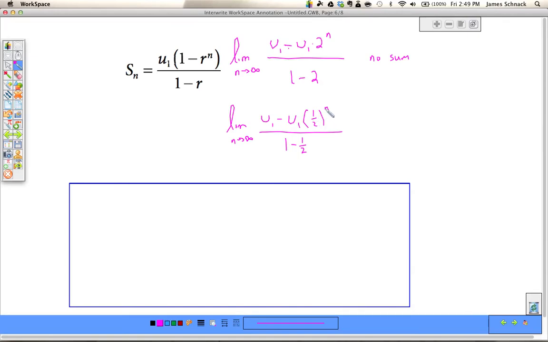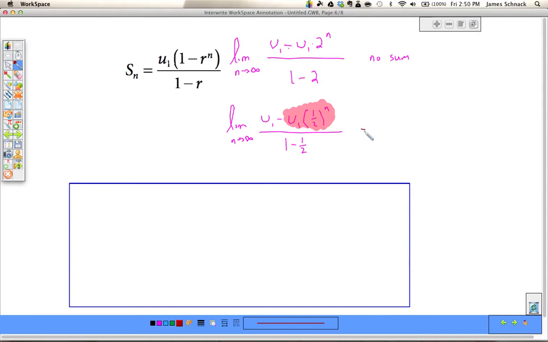As n gets huge, what happens to a fraction to a huge number? Well, that fraction gets closer and closer to 0. So this term right here, as n gets gigantic, that highlighted term is getting closer and closer to 0.